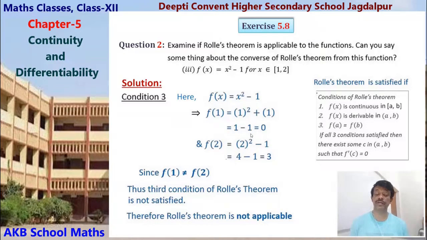For the applicability of Rolle's theorem, all three conditions must be satisfied. So in these questions, Rolle's theorem is not applicable to all of 1, 2 and 3. Okay, so this was the solution of question second of exercise 5.8.